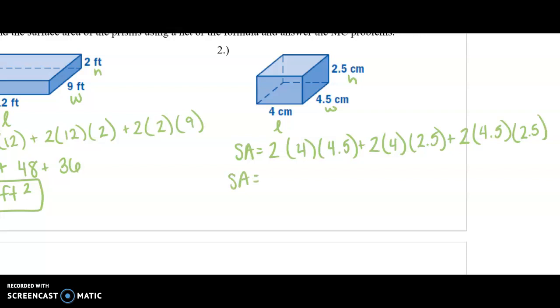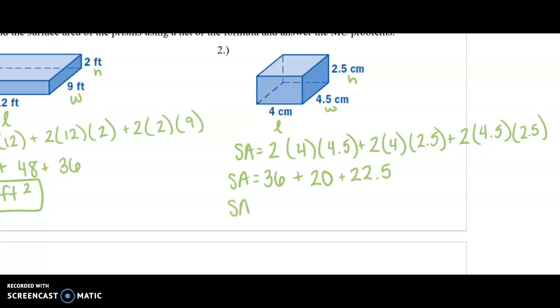So my surface area, 2 times 4 is 8. 8 times 4.5 is 36. Plus 2 times 4 is 8. 8 times 2.5 is 20. 2 times 4.5 is 9. 9 times 2.5 is 22.5.